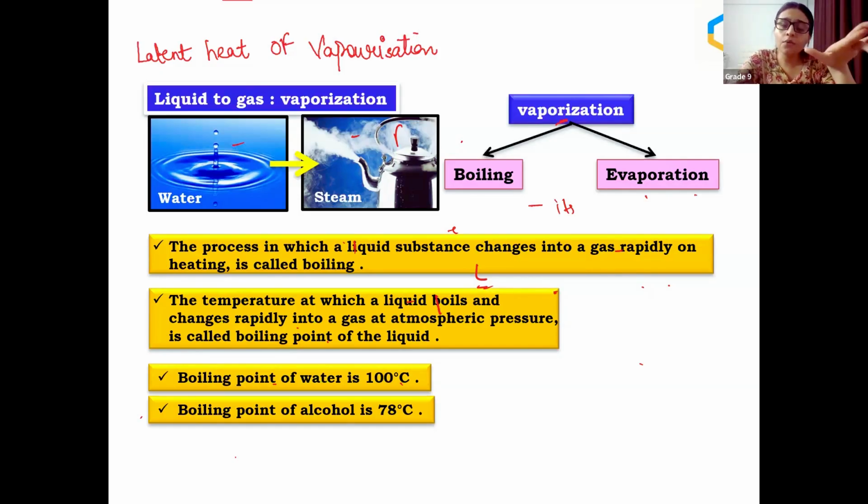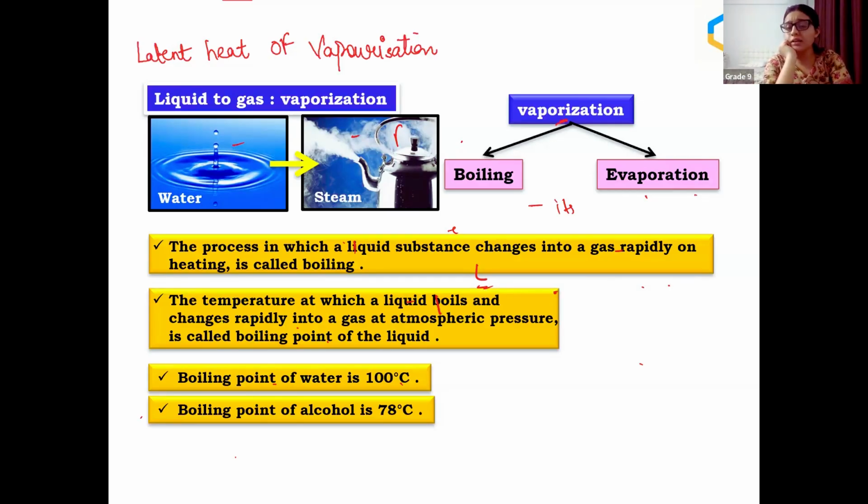Okay. So in evaporation, do we apply external temperature? Anyone? Is any external temperature provided, or does it turn into vapors on its own? Yes.